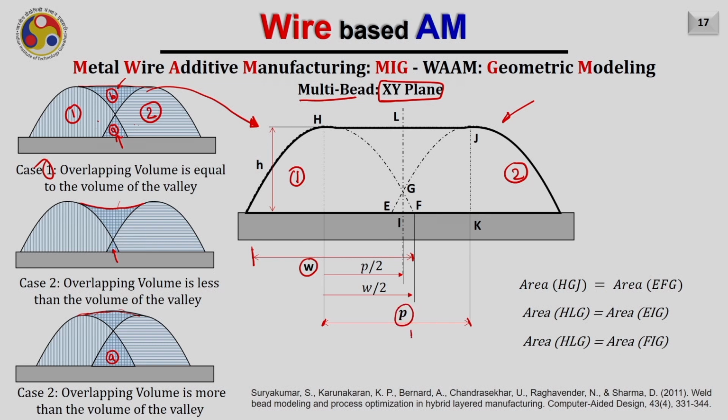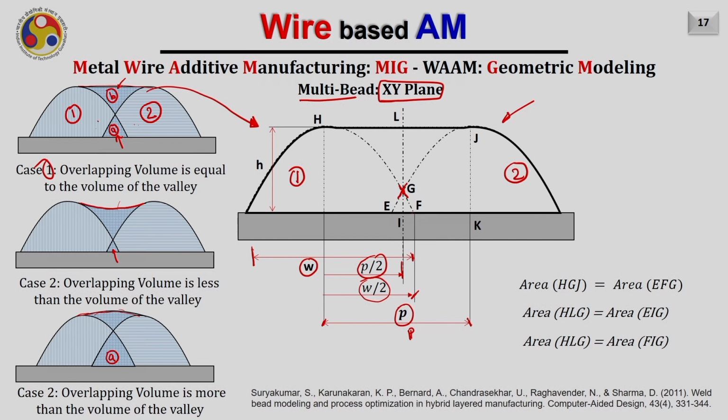Because sometimes we call it pitch as well. Half of this distance from here to here will be P by 2, and that will be nothing but at the intersection of the two beads where they are intersecting. Also, this distance from the center to point F will be nothing but half of the width of the bead, that is W by 2.